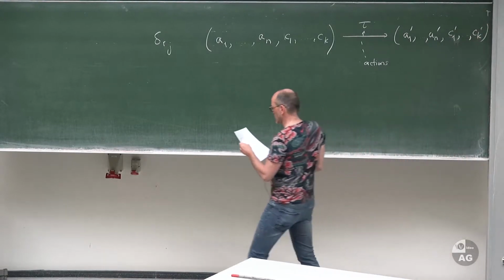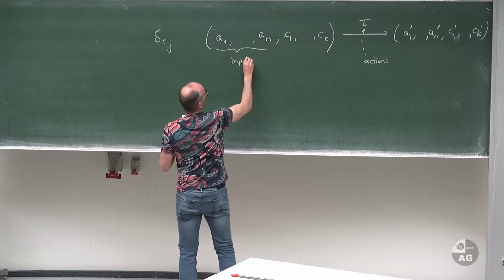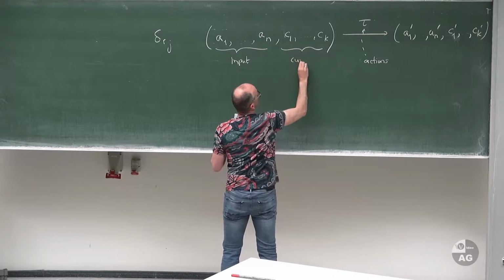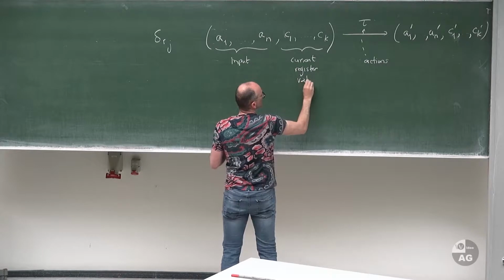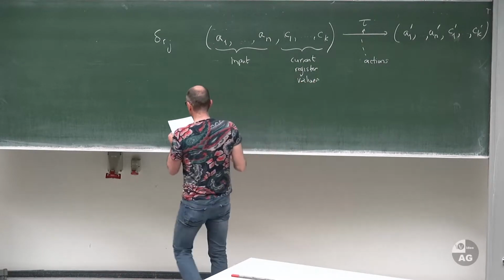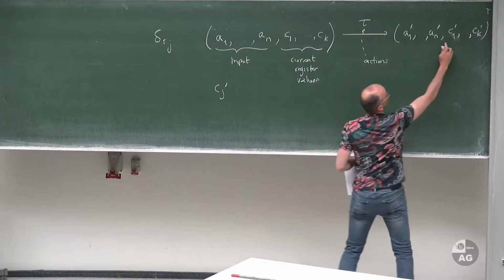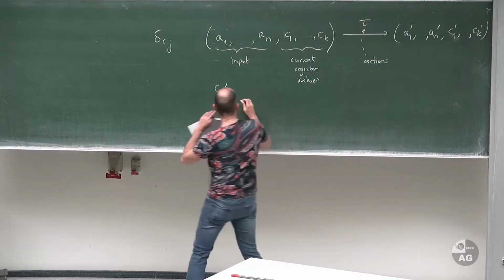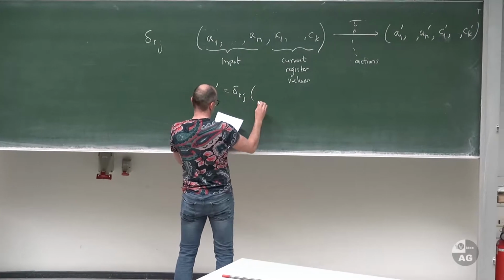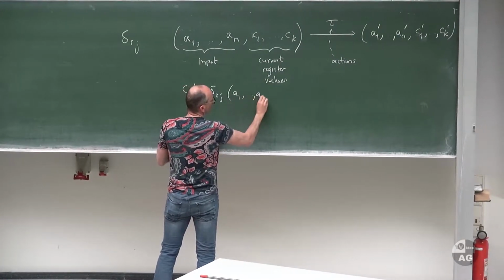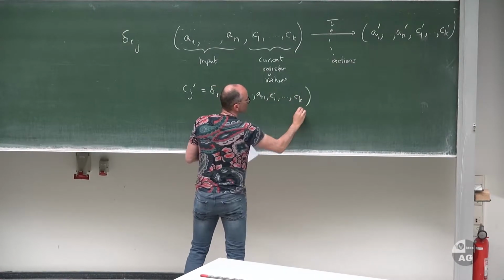Such that, this is the input, and this is the current register values. And then we define Cj prime to be delta Rj of A1 up to An, C1 up to Ck.